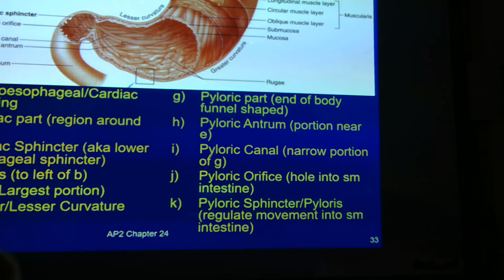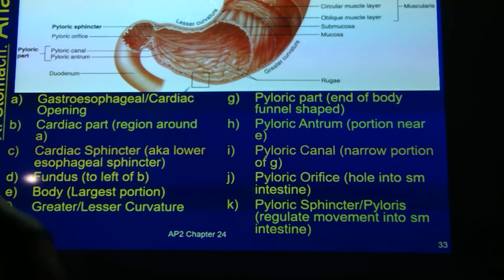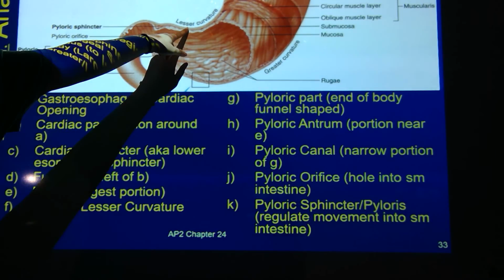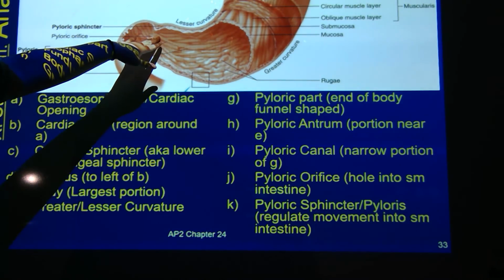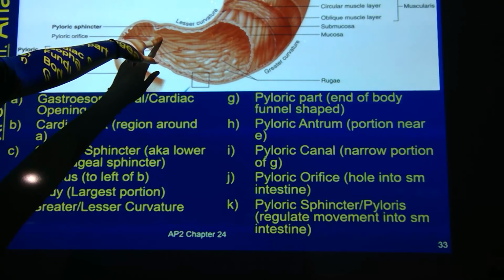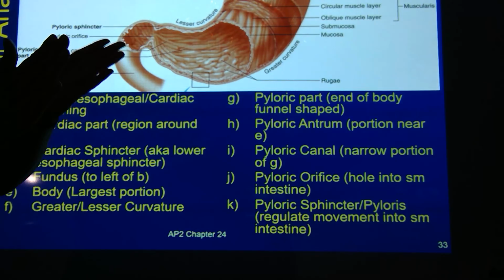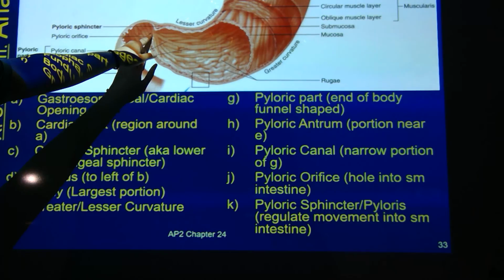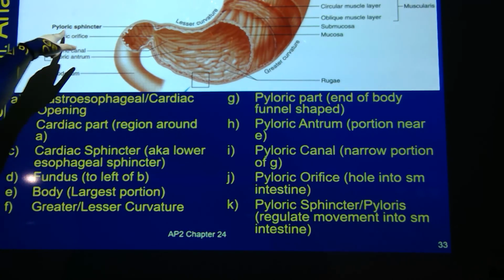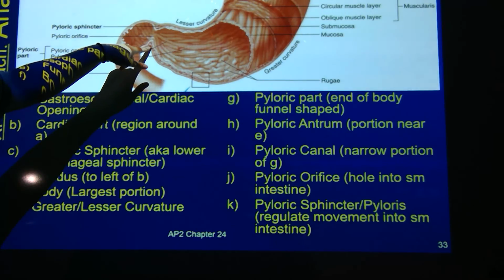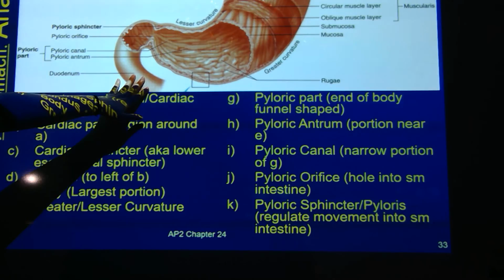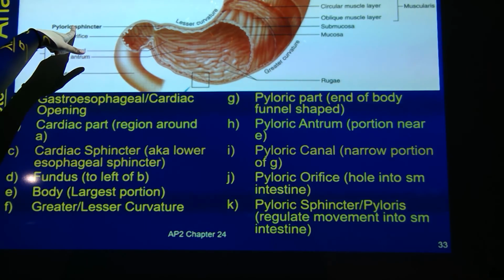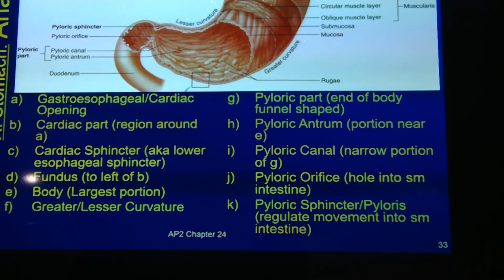It starts with the pyloric antrum, and then right before it actually exits, you've got the pyloric canal here, where it really, really narrows. This hole that normally isn't there is called the pyloric orifice, and the muscle that controls the exit of things from your stomach into the beginning of your small intestine, the duodenum, is the pyloric sphincter. So these are all the parts and pieces of your stomach, okay?